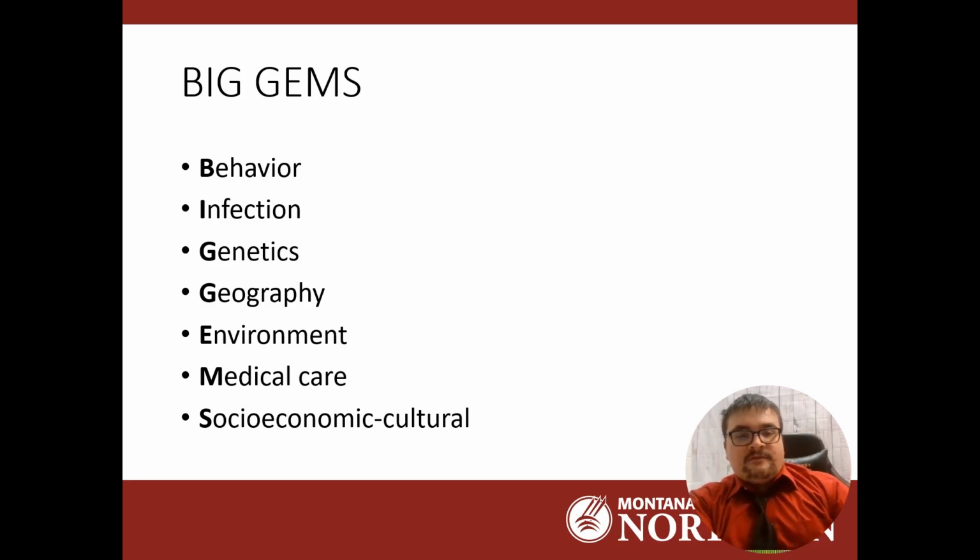Then for our S, we have socioeconomic or cultural. Here, socioeconomic factors such as education, income, and occupation are strongly linked to disease risk and health outcomes. For example, diseases like tuberculosis, breast cancer, and occupational injuries tend to affect lower socioeconomic groups more frequently.